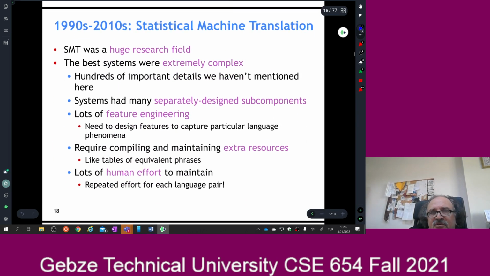So from the 1990s to the 2010s, before neural machine translation took over, statistical machine translation was a huge research field. The best systems were extremely complex, and they weren't that successful either.